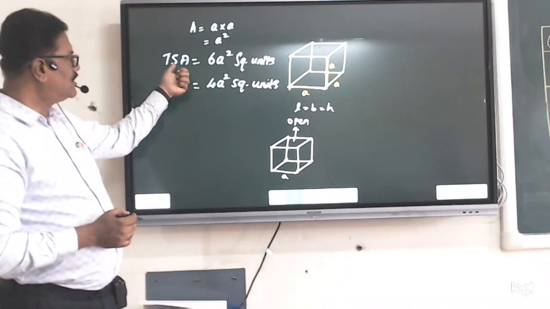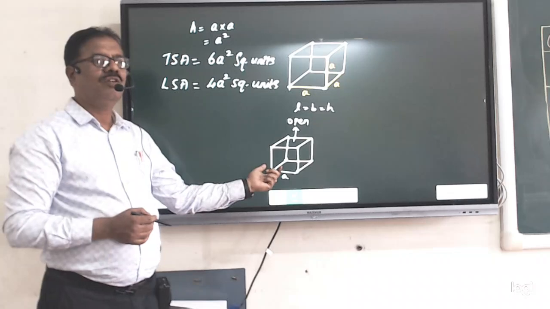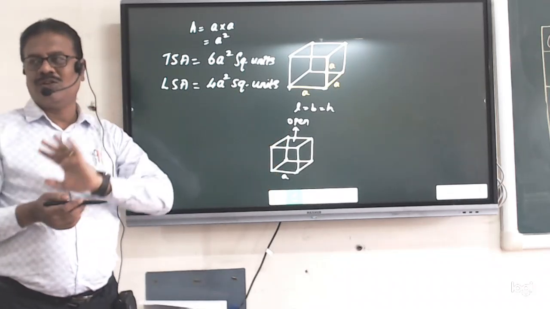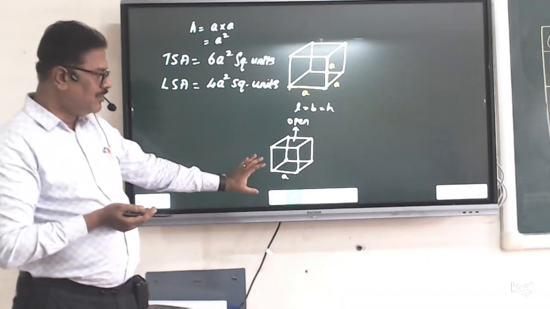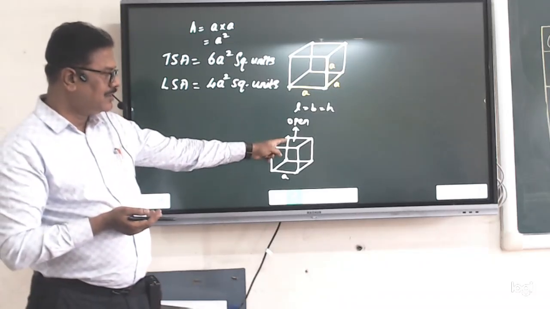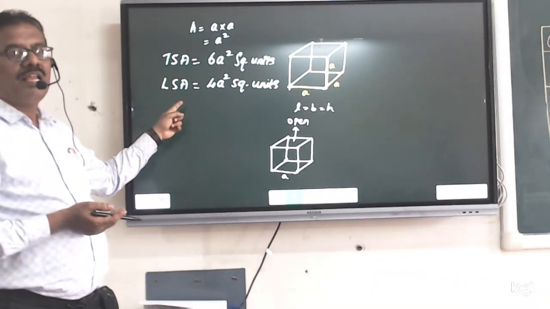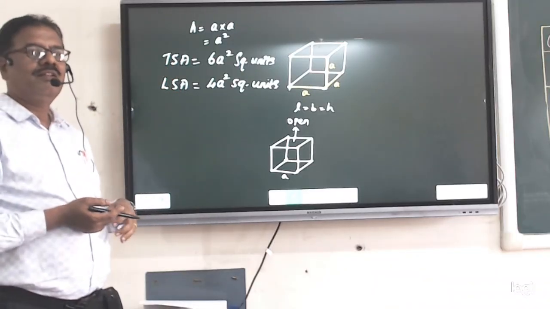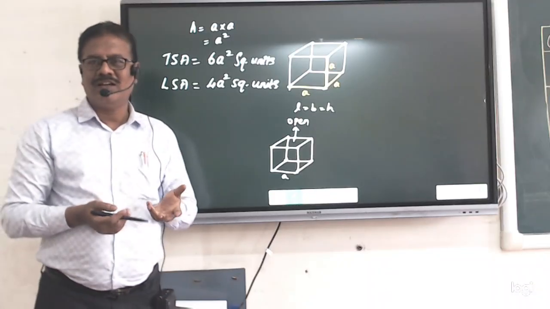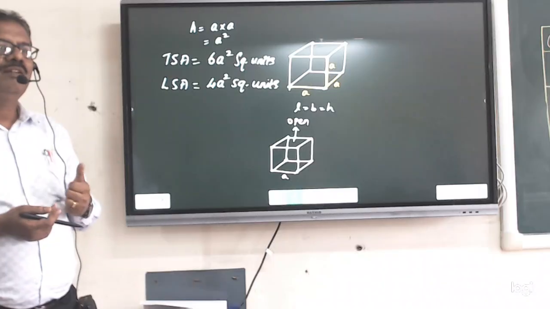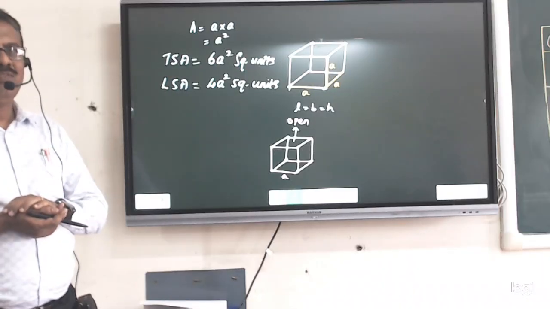Suppose I use the TSA formula, the top which has been kept open, that area will also be included. But here the top is open. So neither can I use TSA nor LSA. Then what should be done? A separate formula should be calculated. Tell me the formula to find the surface area of this solid based on what we have studied.